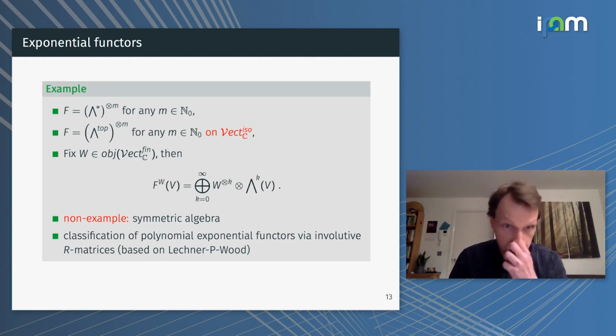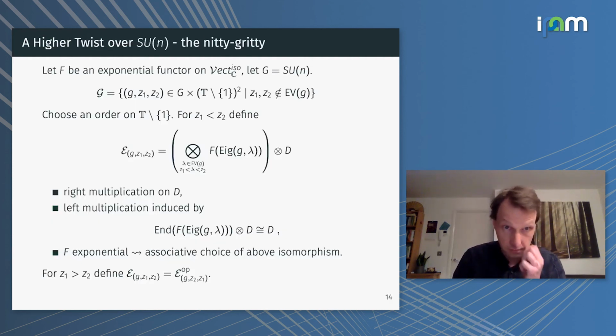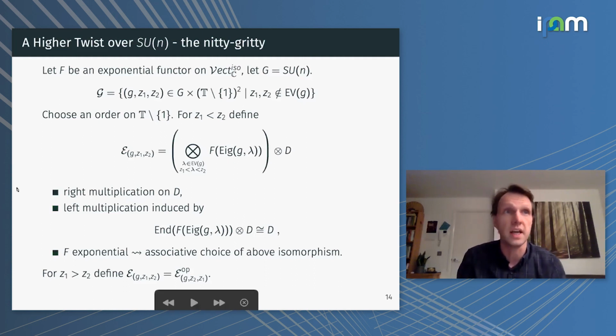Okay, so that's our input datum. So what does our actual construction do? We have this exponential functor on this isomorphism groupoid. Here's the groupoid that this construction gives us.